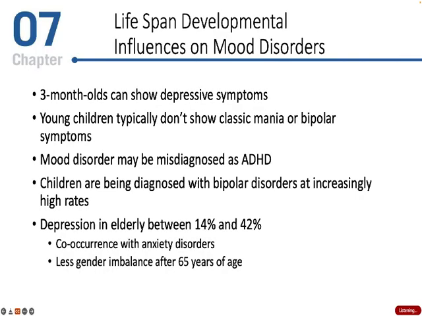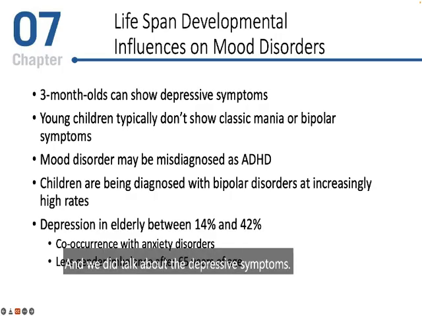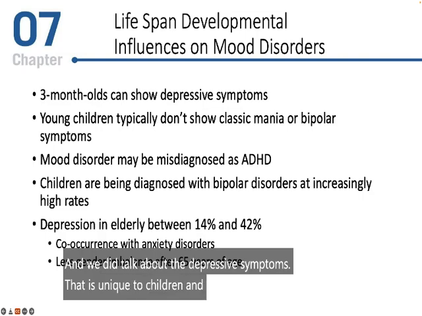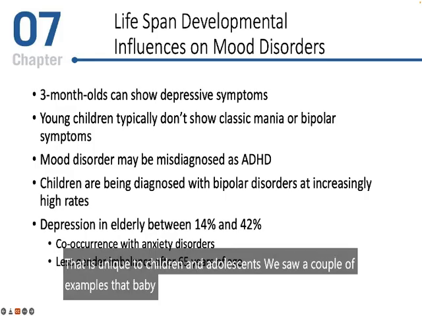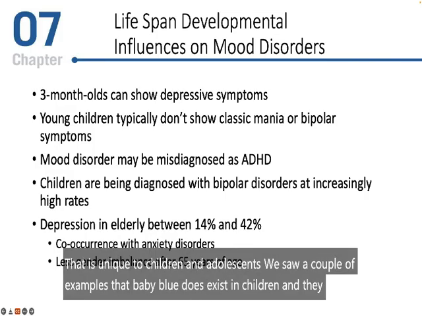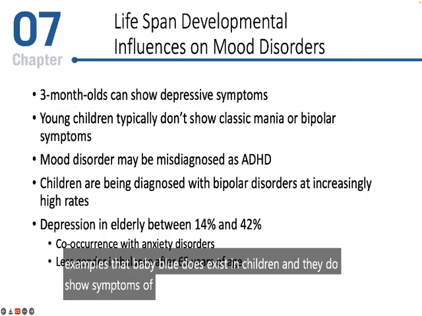Now, we did talk about the depressive symptoms that are unique to children and adolescents. We saw a couple of examples that baby blues do exist in children, and they do show symptoms of depression as early as 3 months.